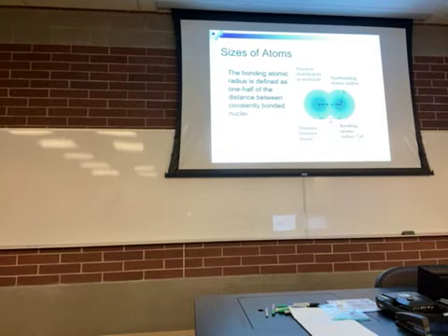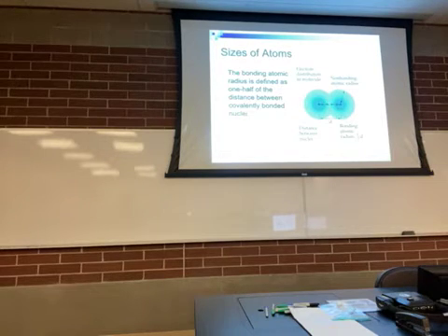So, sizes of atoms. How do we know how big an atom is? Well, the way we typically do this is we don't actually know the diameter of an actual atom, so we take 2 atoms and we divide by 2, okay? So that's how, when we say this is the actual radius or the diameter of the atom, it comes from pairing those 2 atoms up and then taking half.